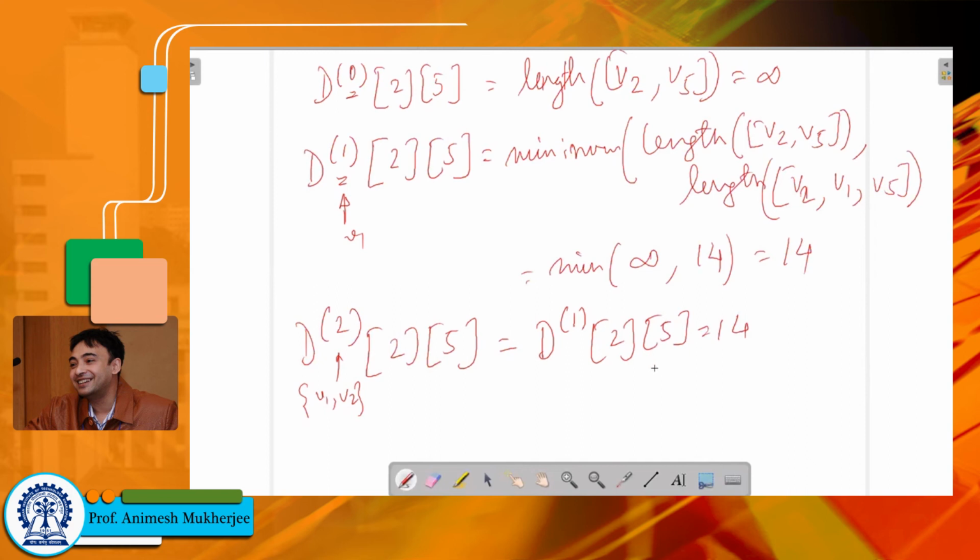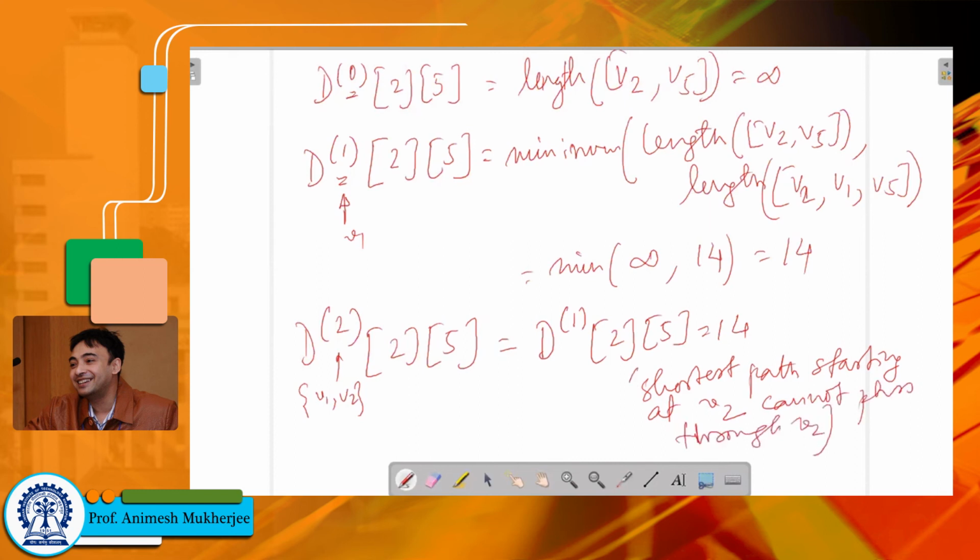Because for this graph, the shortest path starting at V2 cannot pass through V2. So therefore, including the V2 does not help.